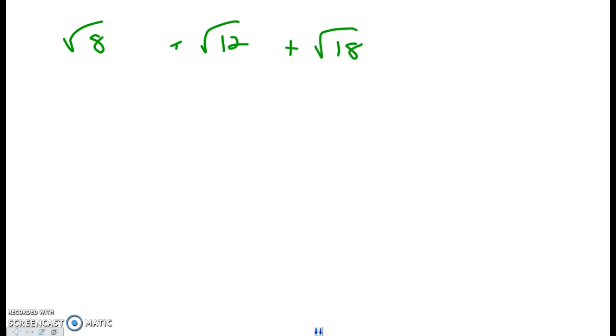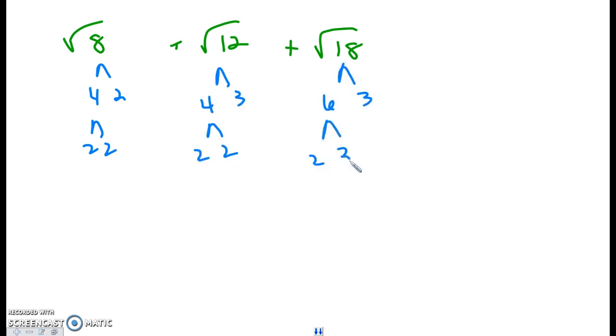Well, first of all, if I'm looking at these, let's try to break these down. So 8 is 4 and 2, which is 2 and 2. I'll circle my pairs, underline my lonelies.